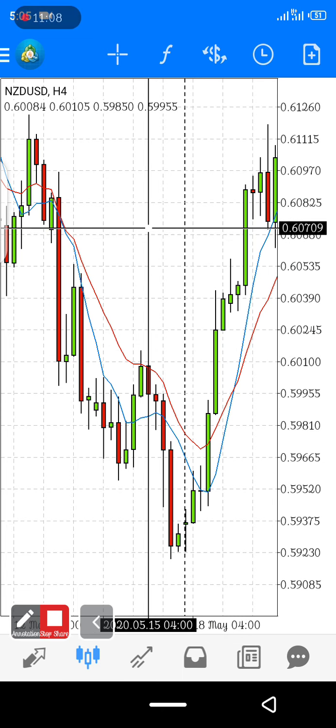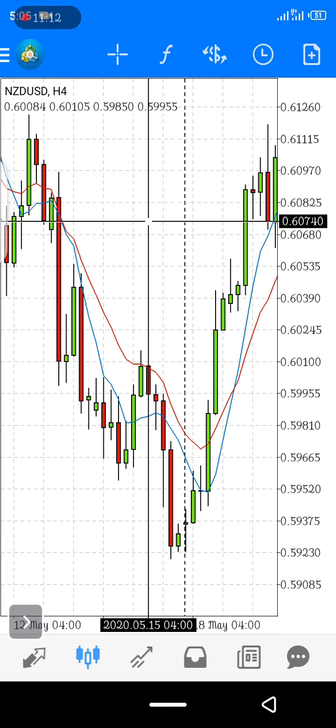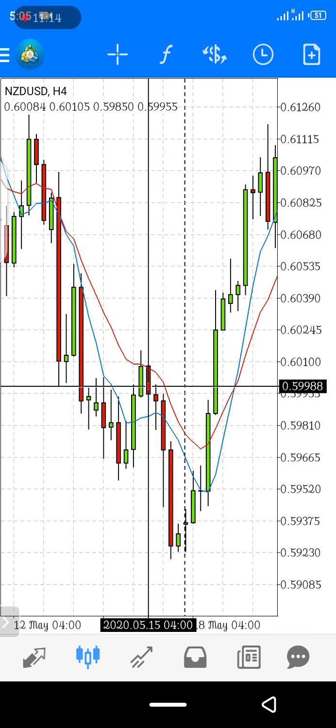From here, 755, to, wow, this is up to 1,000 pips. This is either 900 or 1,000 pips.